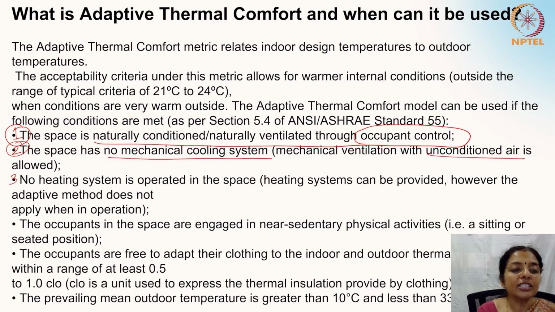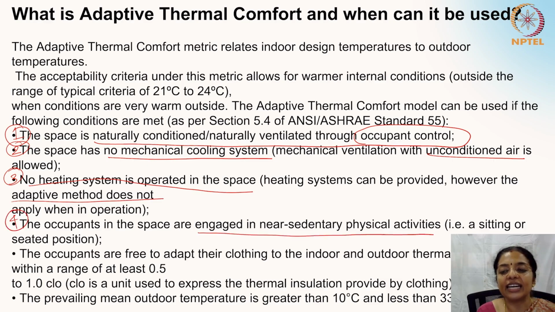Third is no heating system is operated in the space. The adaptive method does not apply when this is in operation. The occupants in the space must be engaged in near sedentary physical activities. That is, they should be sitting or in a seated position. They should not do some kind of cardio activity or weight lifting or something like that.